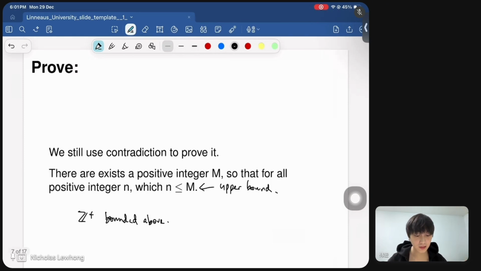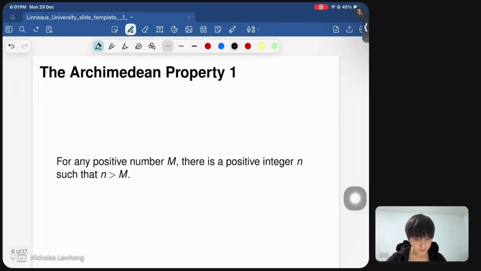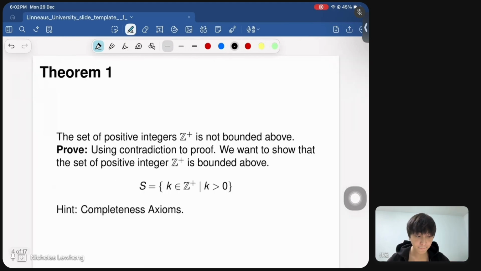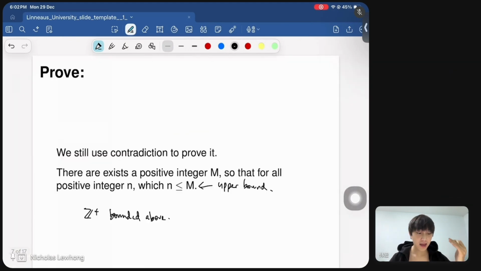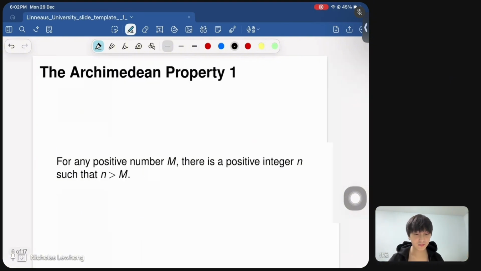We have already proven that for any positive number m, there is a positive integer n such that n is larger than m. We're just using a very easy contradiction proof by Theorem 1. Because Z plus would be bounded above with m as an upper bound, it's a contradiction from Theorem 1. So it's very easy to prove Archimedean property 1. We will always use this property to prove the other Archimedean properties.